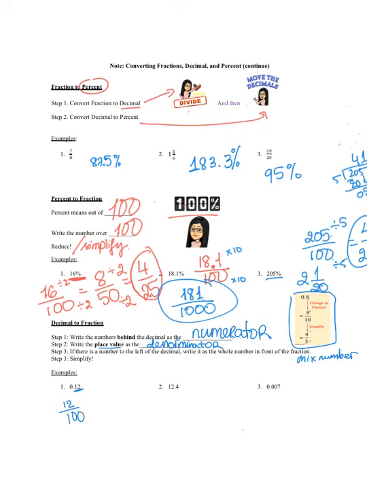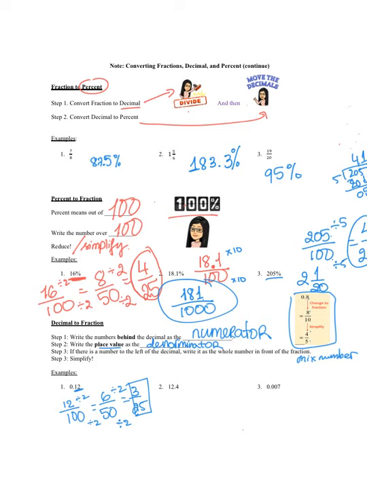Simplify it. Divide by 2 and see what happened. You will have 6 out of 50. 6 and 50 can divide by 2. It will be 3 out of 25. Final answer. So convert decimal to fraction, you have 3 out of 25.